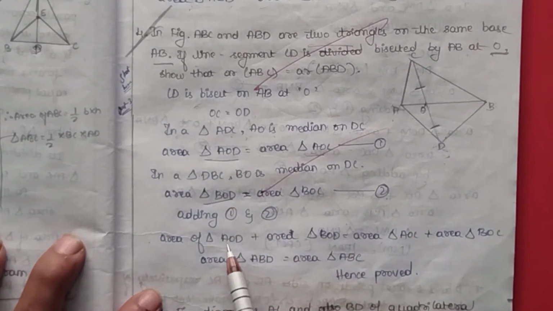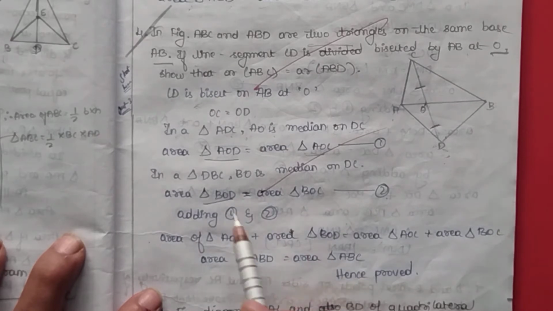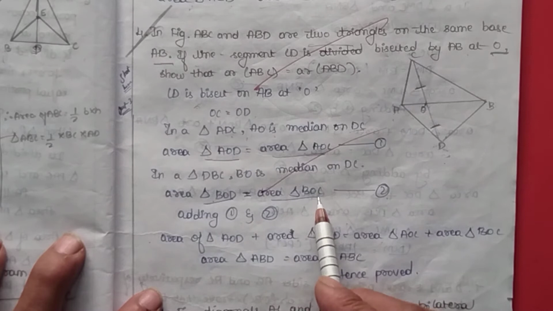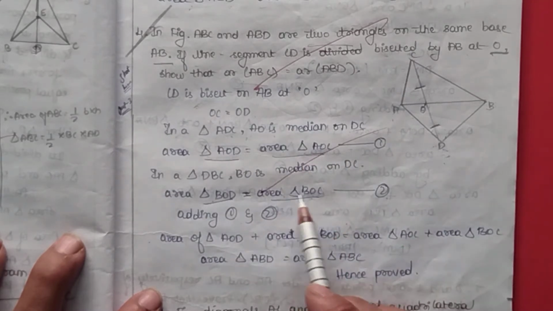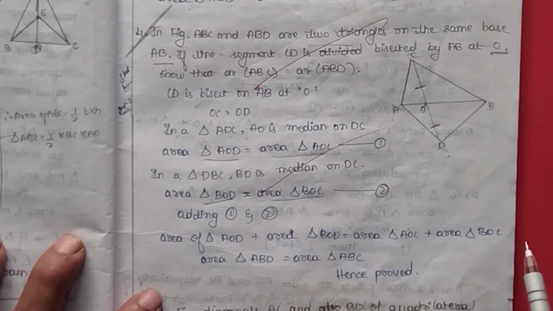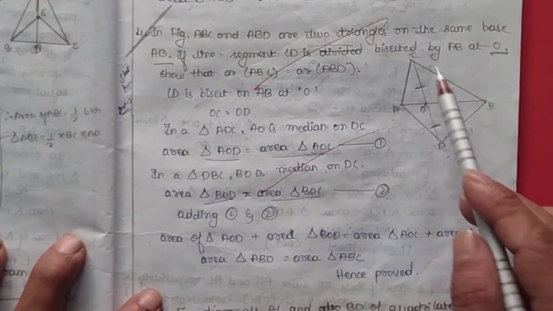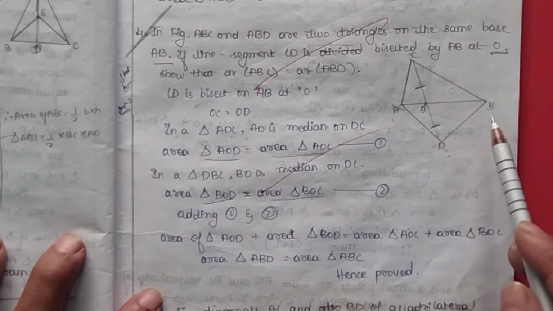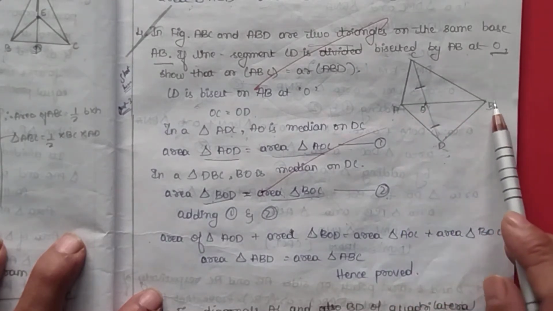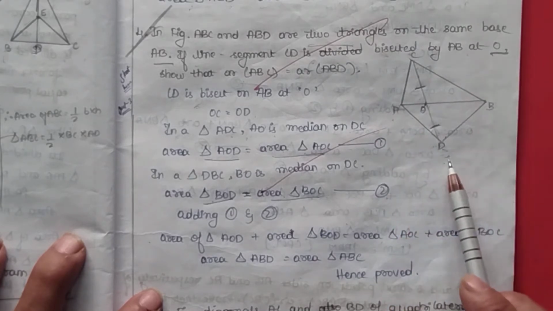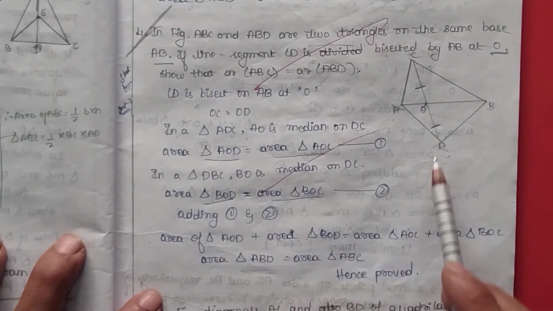Adding equation 1 and equation 2: on the left hand side, area of triangle AOD plus area of triangle BOD, and on the right hand side, area of triangle AOC plus area of triangle BOC. AOD plus BOD, these two triangles, give us triangle ABD.